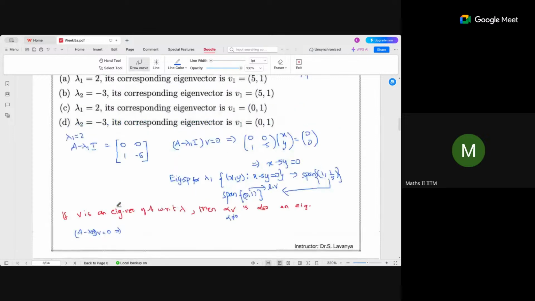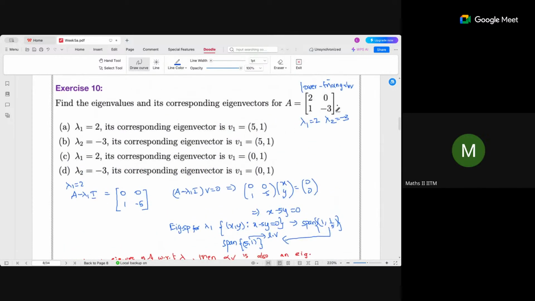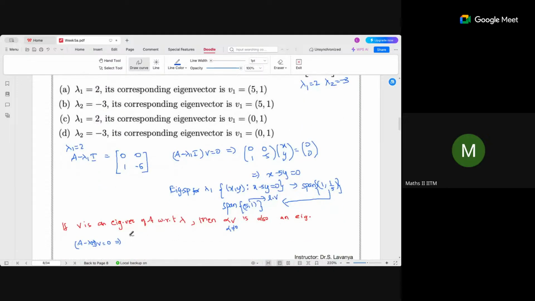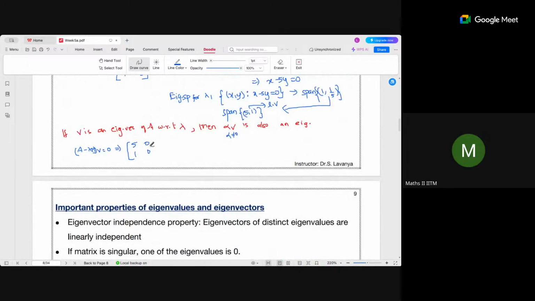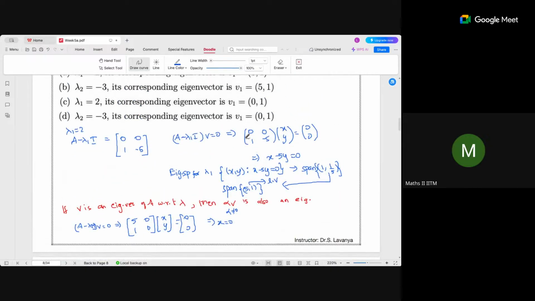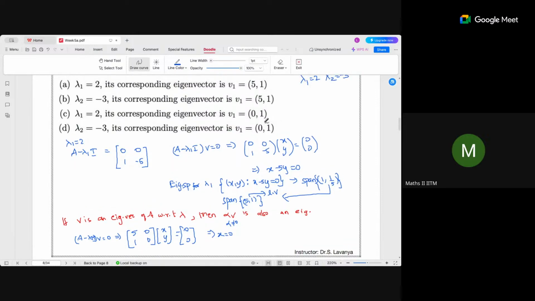What matrix will you get if I subtract minus 3 I? Here you will have 5, 0, 1 and 0, times x, y equal to 0. This means x is equal to 0. So what should be an eigenvector? x equal to 0 means 0, 1 can be an eigenvector, right?